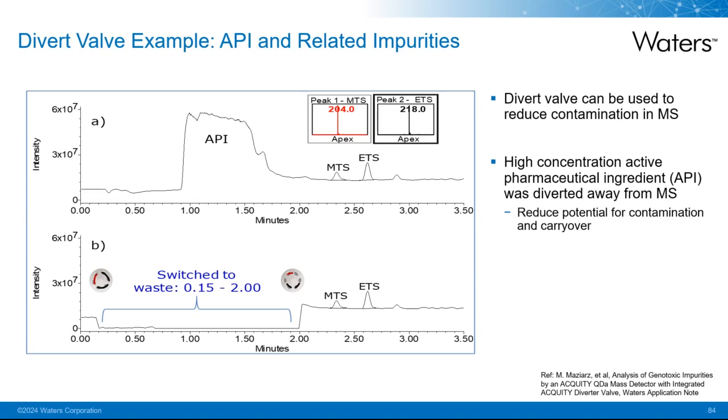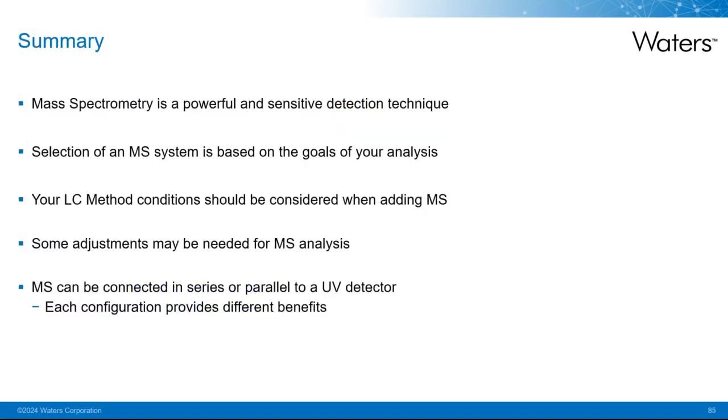So in conclusion, mass spectrometry is a powerful and sensitive detection technique that can bring significant benefits to your assays. There's multiple different types of MS systems, and your choice of MS technique is based on the goals of your analysis.